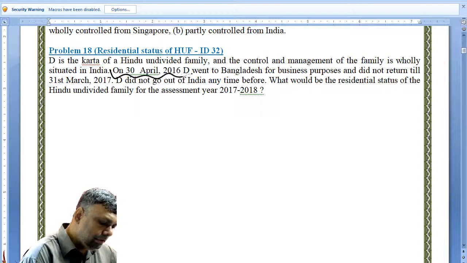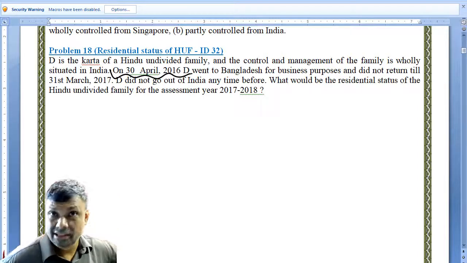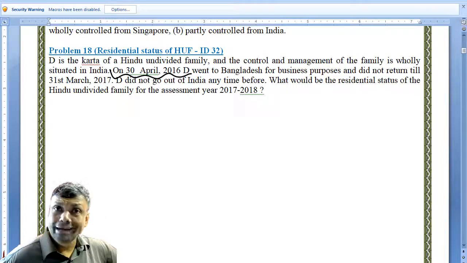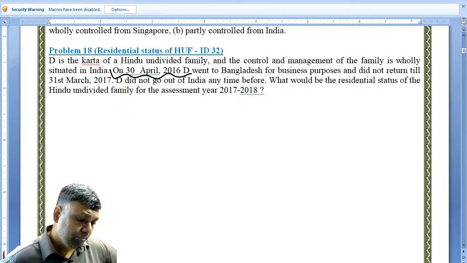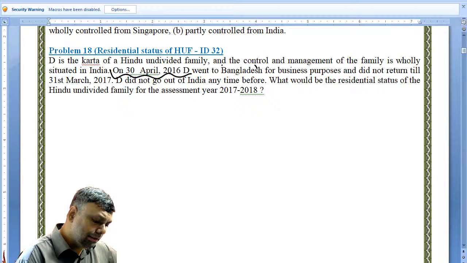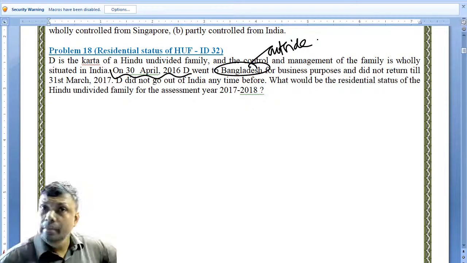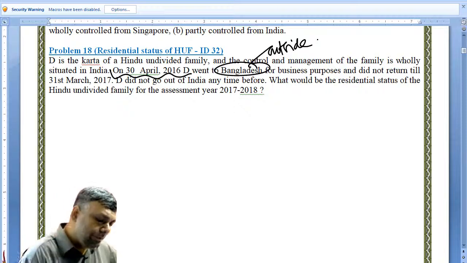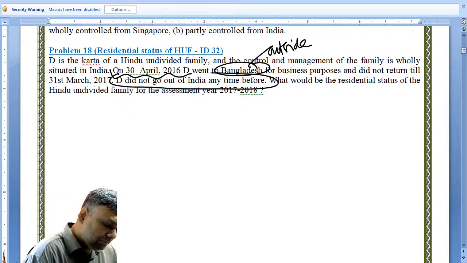On 30th April 2016, this gentleman had gone to Bangladesh, that is outside India, for business purpose. So Bangladesh means outside, for business purpose, and did not return till March 31st. He did not go out of India any time before that. Look at this statement.